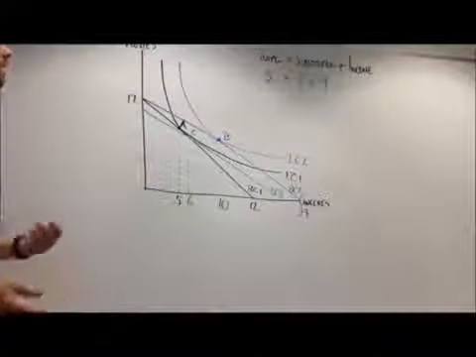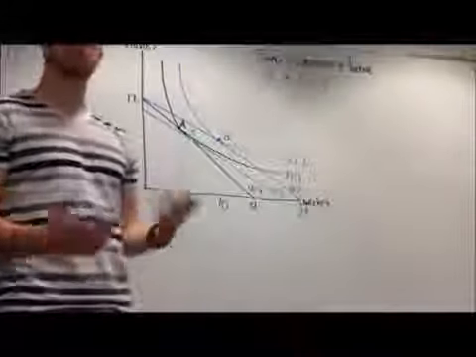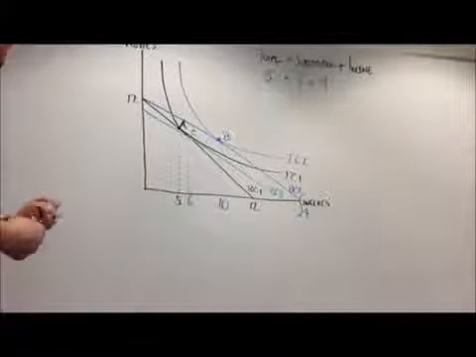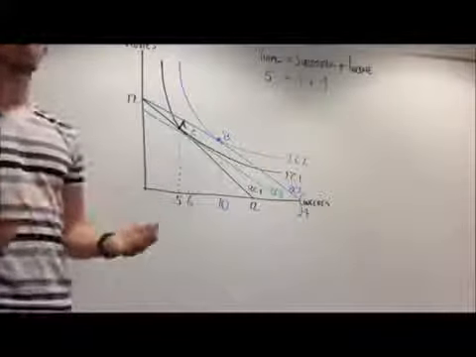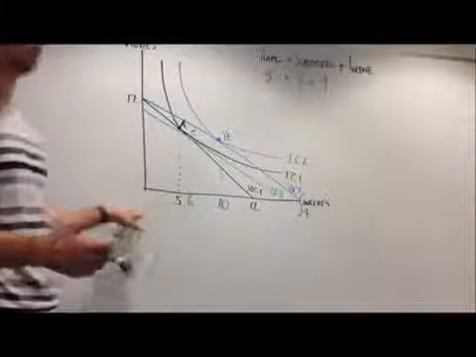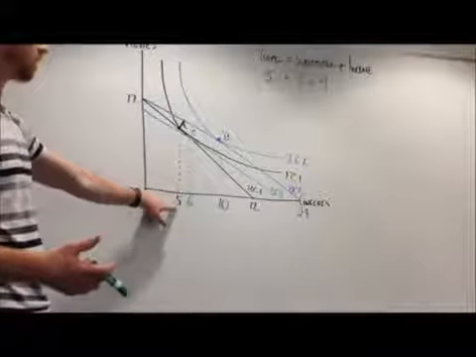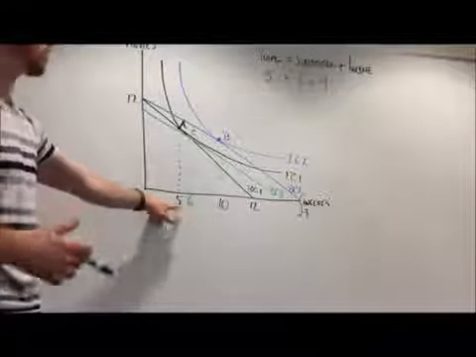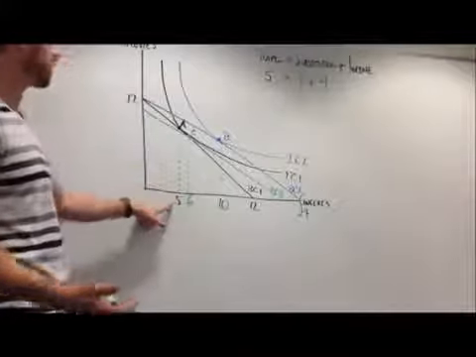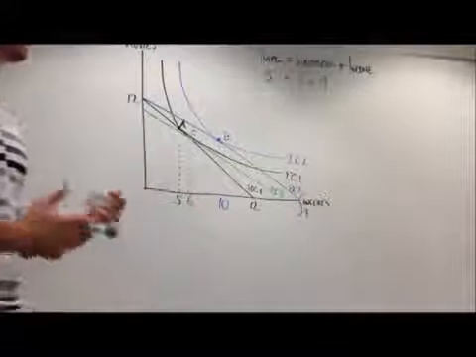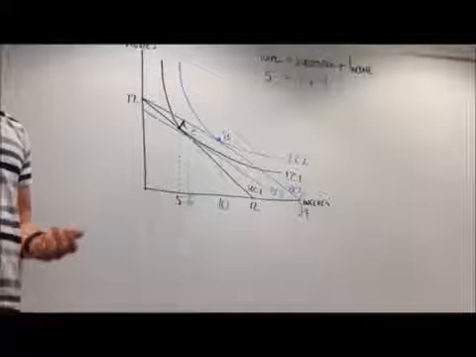Okay? So, to summarize what we've said here, the first thing that we want to find is the total effect, and that's just what happens in reality. That's the difference between what our consumer first chose and what our consumer chose when he faced the new budget constraint after the price change. So that's 5 to 10. Then we ask how much of that was due to the substitution effect.